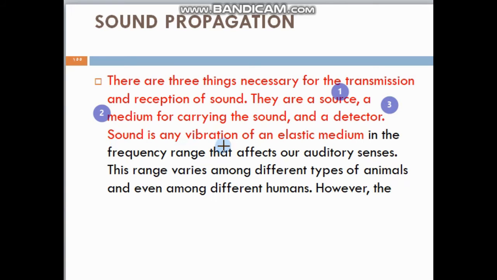Sound is any vibration of an elastic medium in the frequency range that affects our auditory senses. This range varies among different types of animals and even among different humans.